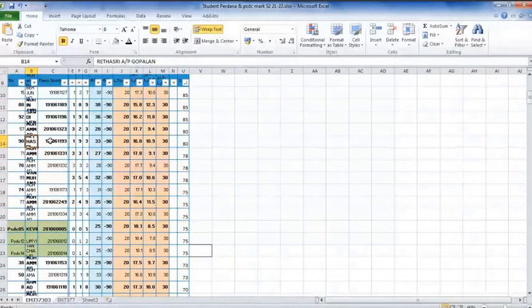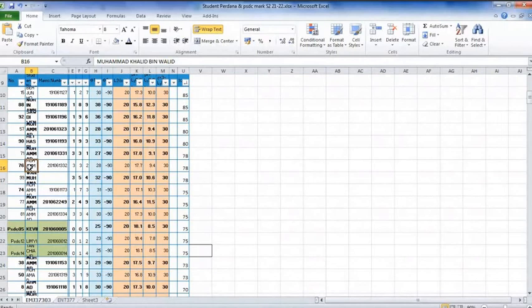Rita Sri 80. Muhammad Farouk 78. Ni hak tinggi-tinggi dia beritahu lah. Rendah-rendah tak beritahu. Kalau ada student nak rujuk kan, nak study lah. Student power. Jangan rujuk saya terus. Muhammad Khalid bin Walid 78. Boleh rujuk ni. Wan Muhammad Akli 78. Halal ni 75.